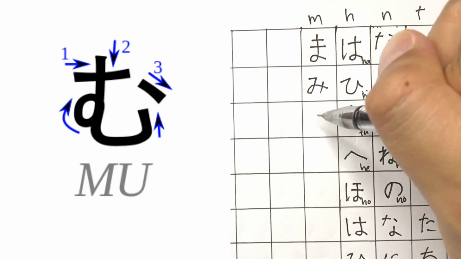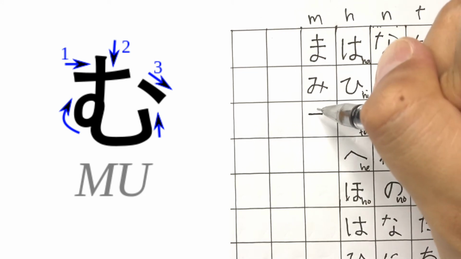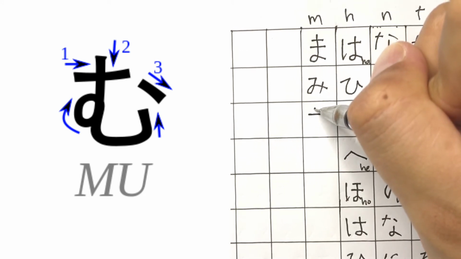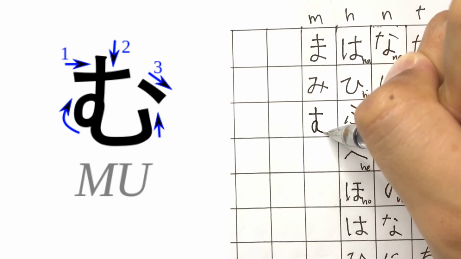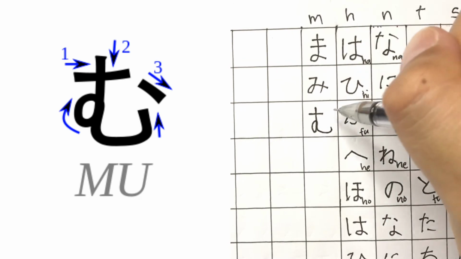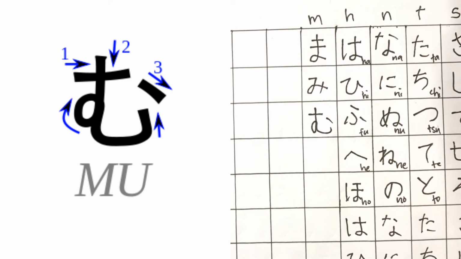Next is mu. Let's start with the first stroke, horizontal line. Then we cross, stop and turn. Then the last stroke is this one, mu.